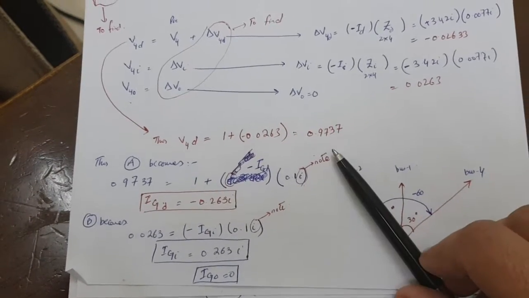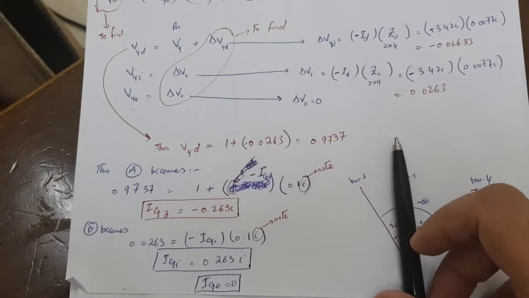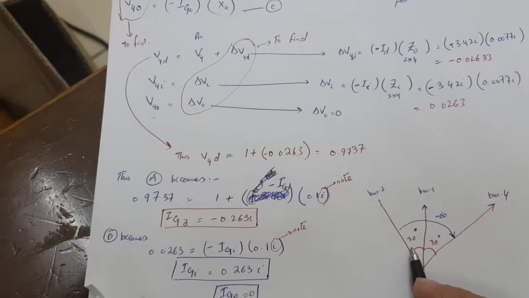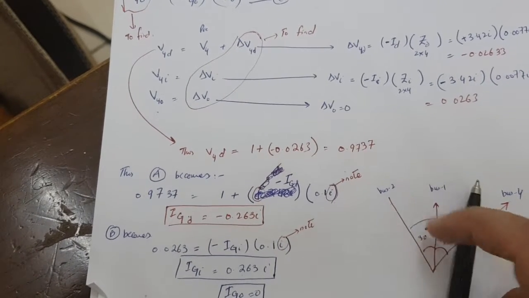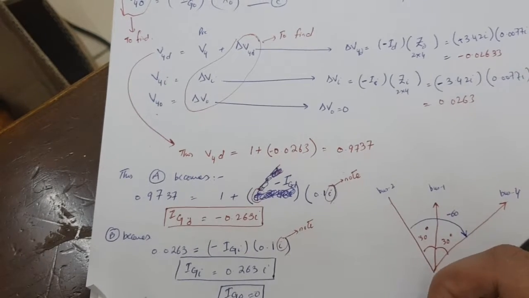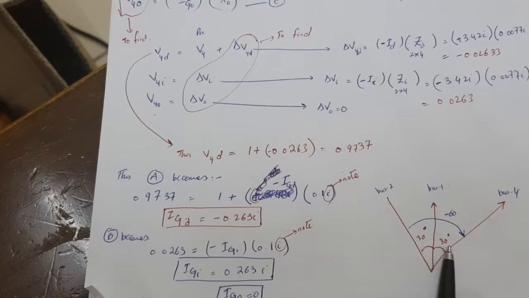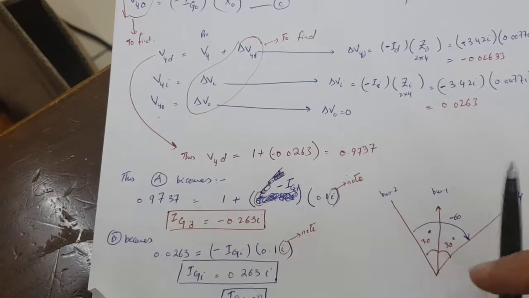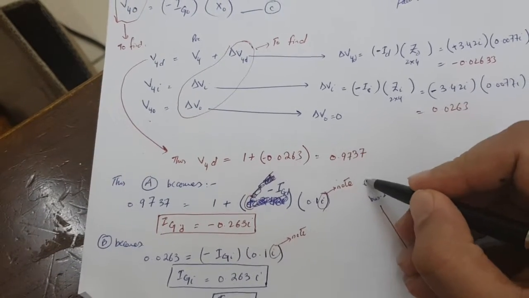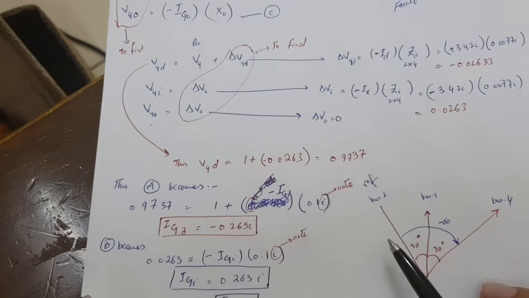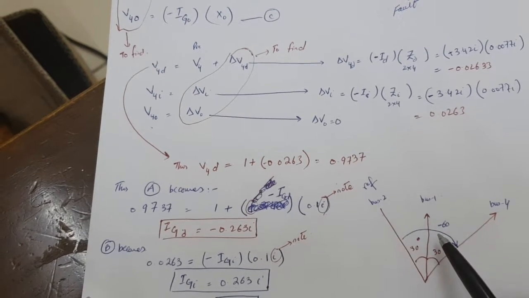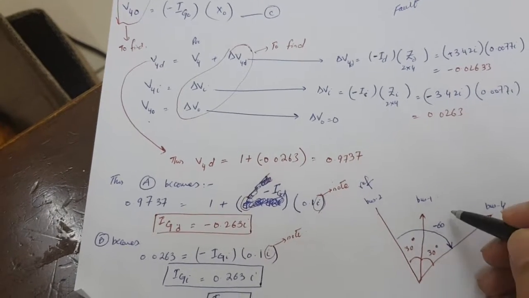So from bus 2 the next bus is bus 1. There is a phase shift of 30 degrees, we already know. And from bus 1 there is bus 4 or bus 3 and it's a phase shift of 30 degrees. So bus 2 is our reference bus. You can say that from bus 2 to bus 4 we are covering minus 60 degrees.